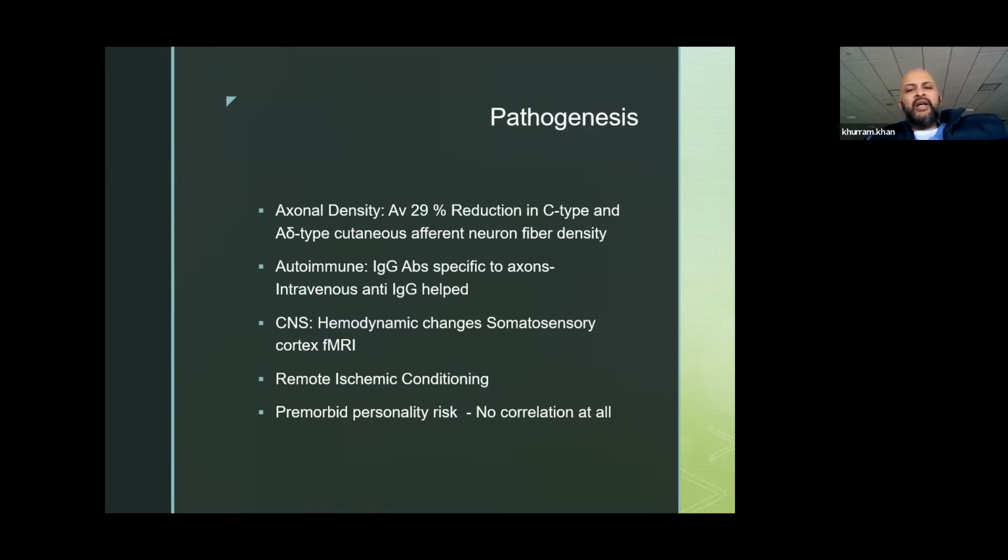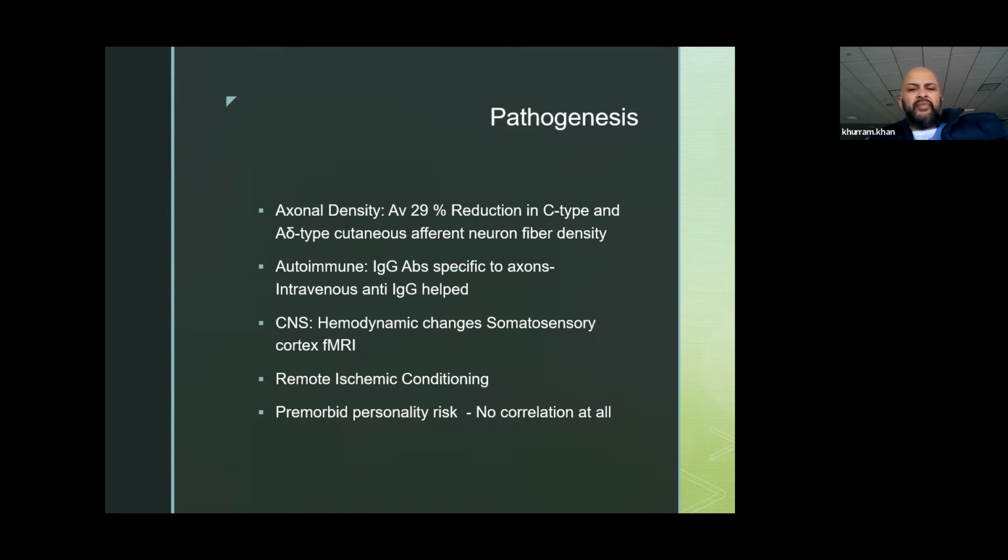So as you can see, not all of these are present in every CRPS patient. So as time progresses, we'll be able to see that some of the CRPS patient subgroup has one abnormality and others do not have that abnormality, but they actually have something different.